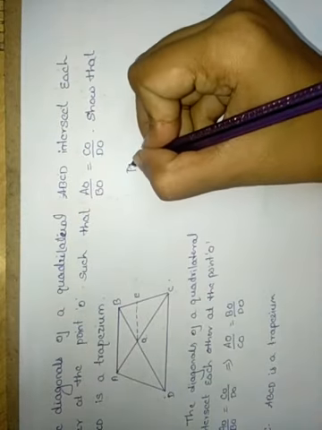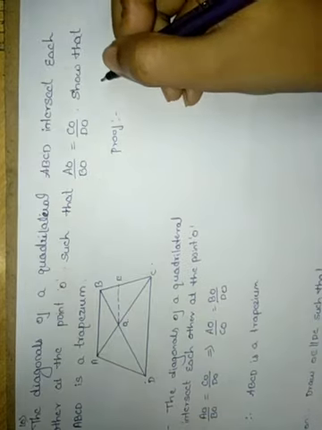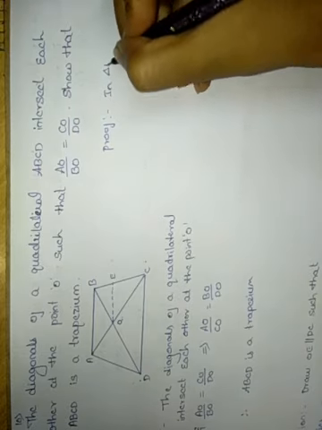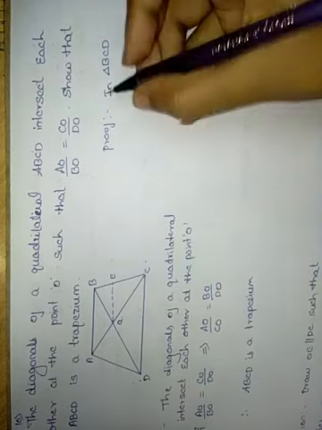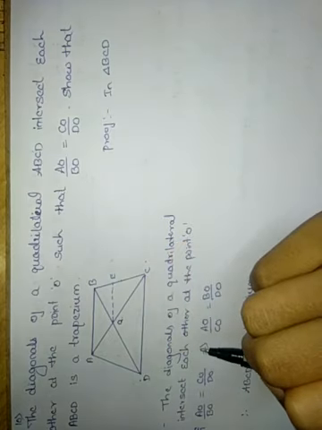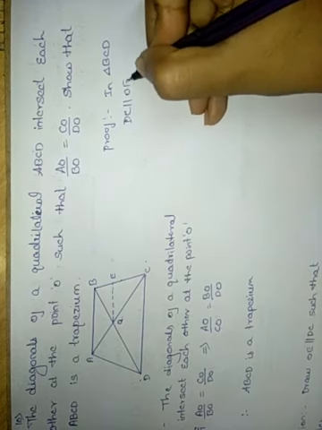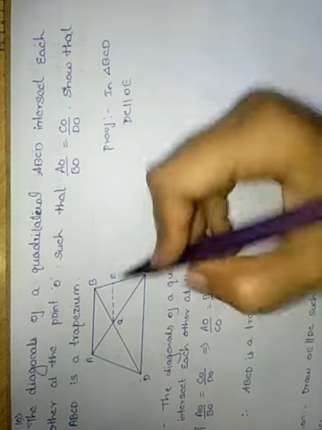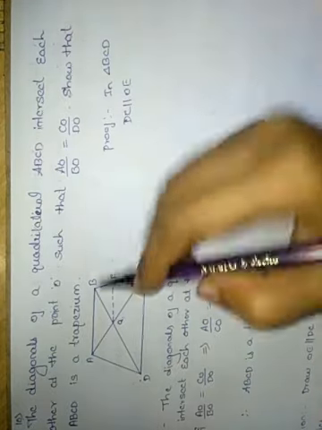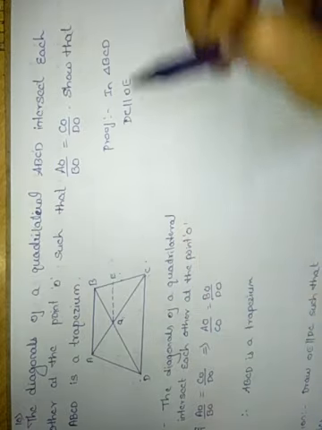Proof. Again we'll consider triangle BDC. In triangle BDC, we can observe OE is parallel to DC, right? Or DC is parallel to OE. If OE is parallel to DC, can we say that the ratios of the other two sides of the triangle BDC are the same?